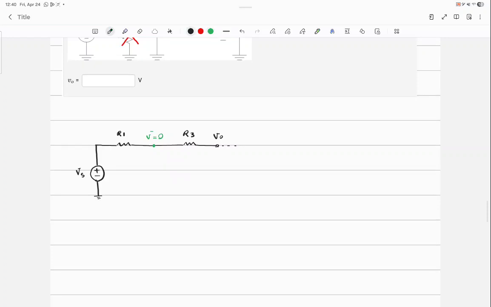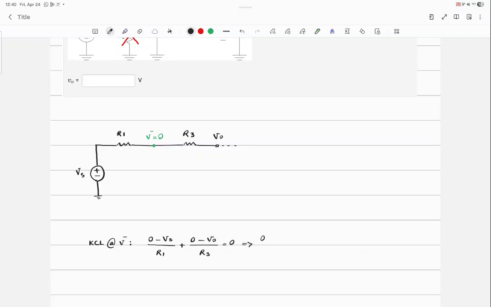Can I write a KCL at V negative? What should I write? 0 minus Vs divided by R1 plus 0 minus VO divided by R3 is equal to 0, right? That's the KCL.